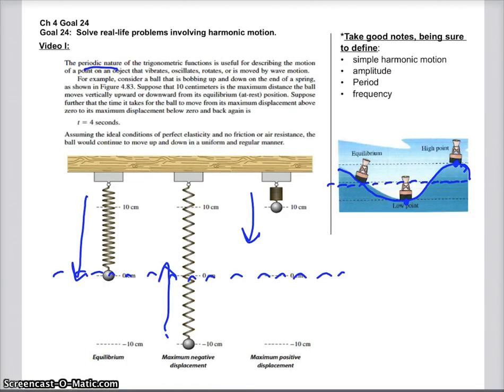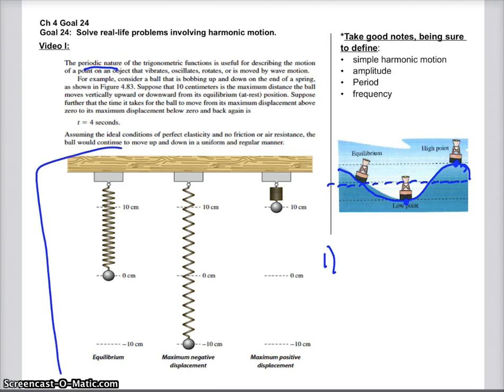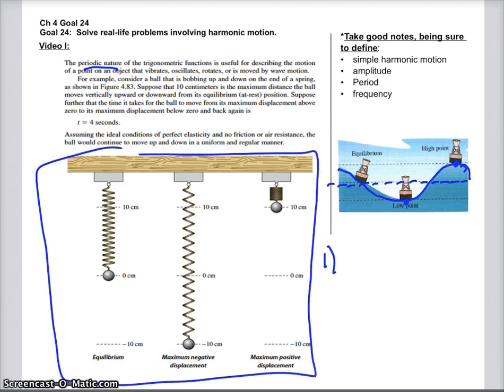The last thing I would like for you to do is to go back to the first page of your notes, and I'd like you to use what you've learned to write two equations. I'm not talking about the buoy, I'm talking about the spring here. You were given that the period is t equals 4 seconds.